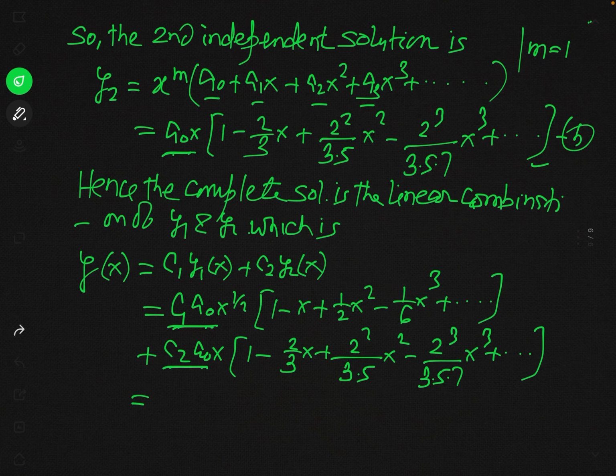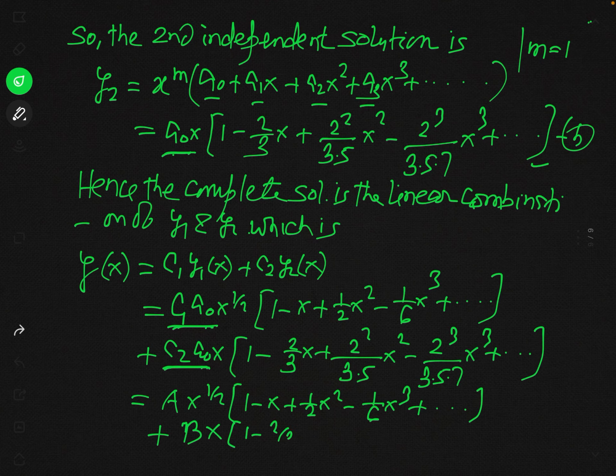If we write the product of c1 and a naught as a, then this will be a into x to the power half into 1 minus x plus 1 over 2 x square minus 1 over 6 x cube plus so on, and plus b, where b means c2 a naught, into x into 1 minus 2 by 3 into x plus 2 square by 3 into 5 into x square minus 2 cube by 3 into 5 into 7 into x cube and plus so on.